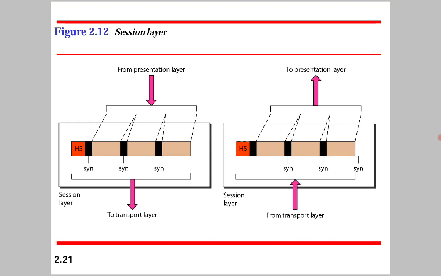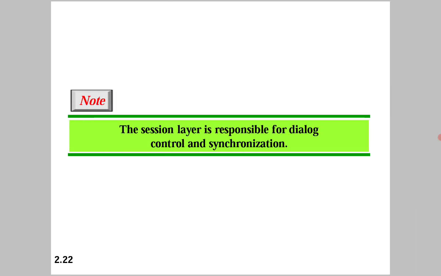Session layer. The fifth layer is the session layer. It receives data from the presentation layer, and it would simply pass on the data or information to the transport layer. The session layer is responsible for dialogue control and synchronization.